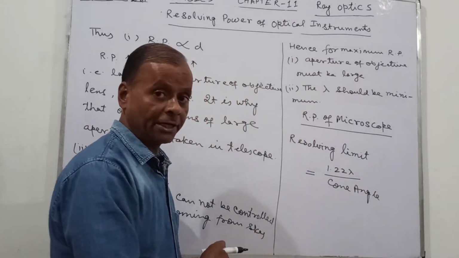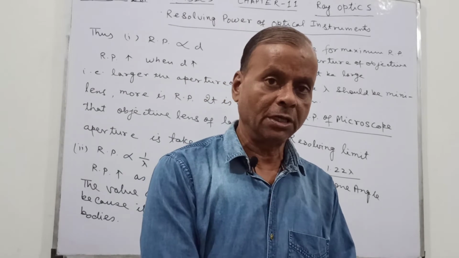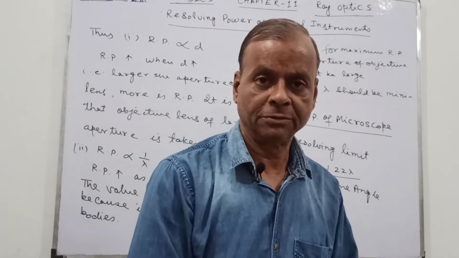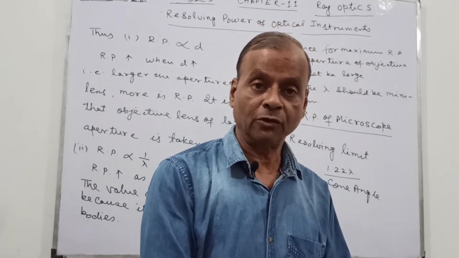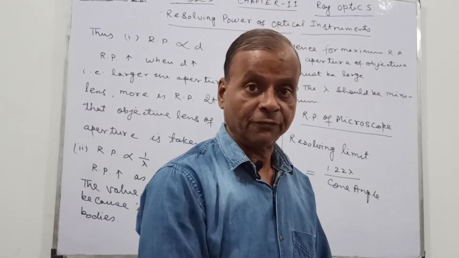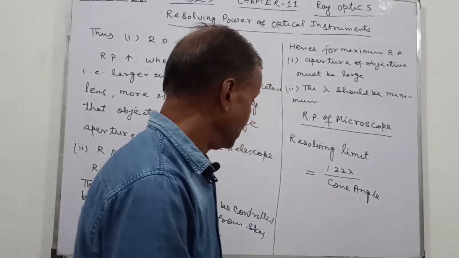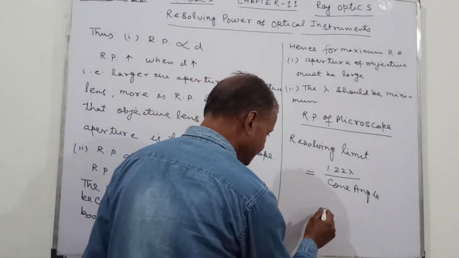Now what is this cone angle? Since the object is very close to the objective lens, the light rays are coming from all the parts of the object and they form a cone that I am showing you in this diagram.